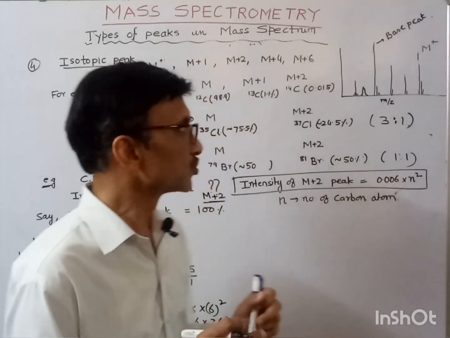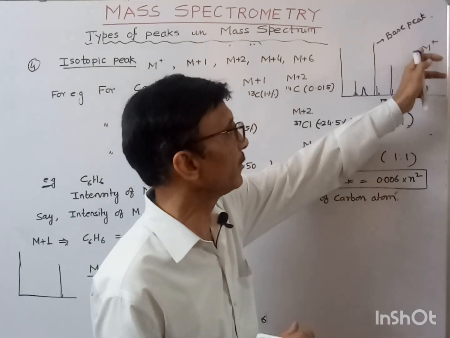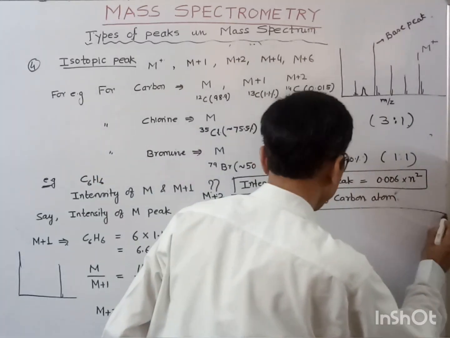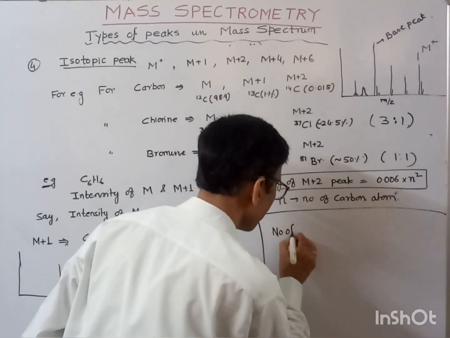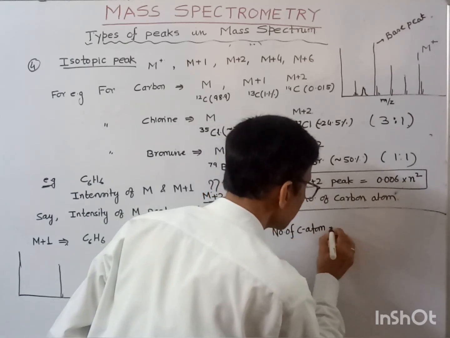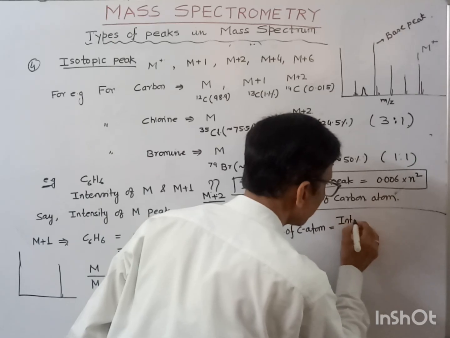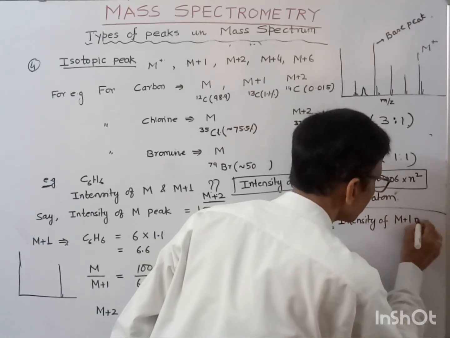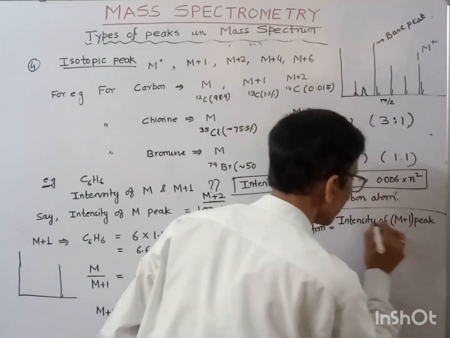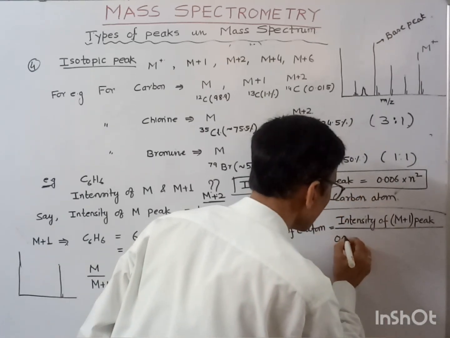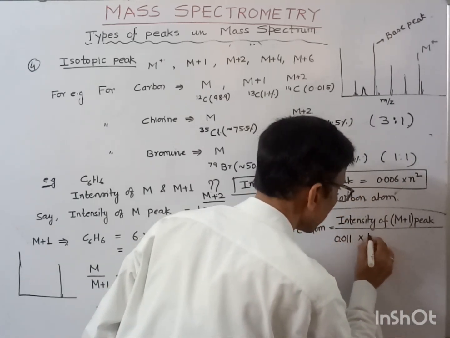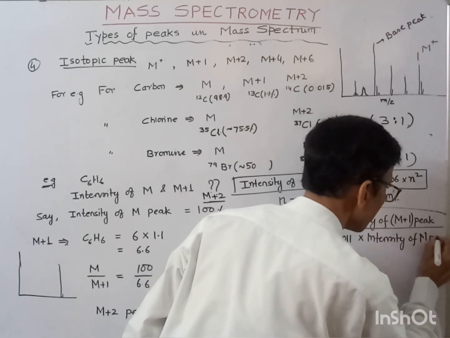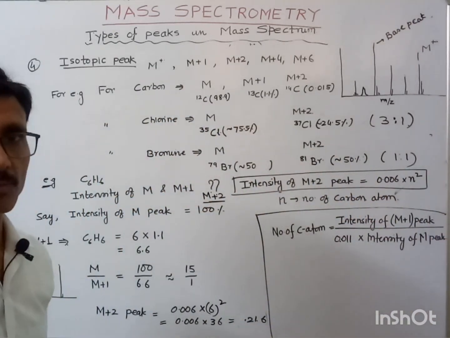The formula for the number of carbon atoms is the intensity of the M plus 1 peak divided by 0.011 multiplied by the intensity of the M peak. This is a very important formula.